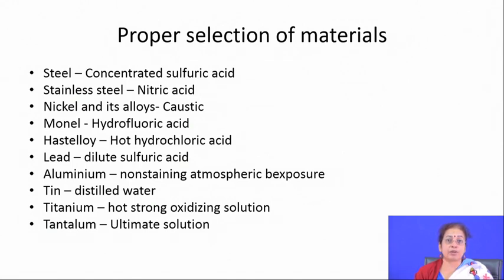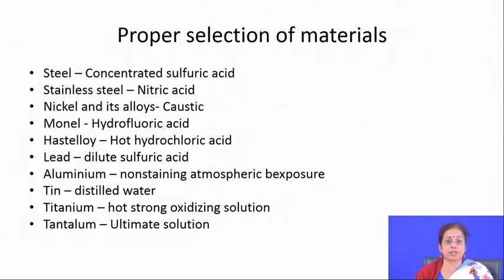Hastelloy is safe in hot hydrochloric acid, lead is safe in dilute sulfuric acid, aluminium is safe in non-staining atmospheric exposure, tin is safe in distilled water, titanium is safe in hot strong oxidizing solution, tantalum is safe in all environments. So, this gives you a proper guideline for the choice of material, particularly for the case when corrosion is general corrosion based.